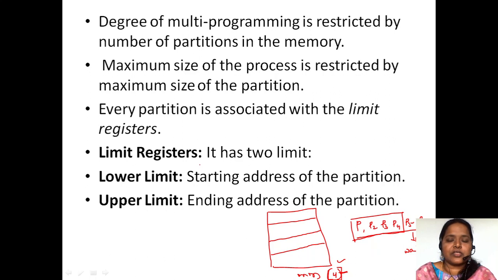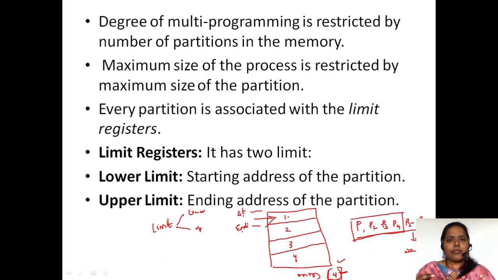Every partition is associated with a limit register. So this first partition, second partition, third and fourth partition. This first partition is associated with a limit register. This limit register is going to have the lower limit and the upper limit, that is the starting address and the ending address of this first partition.